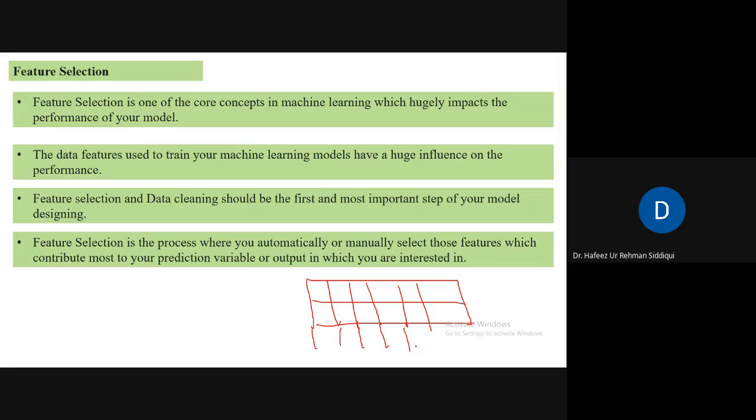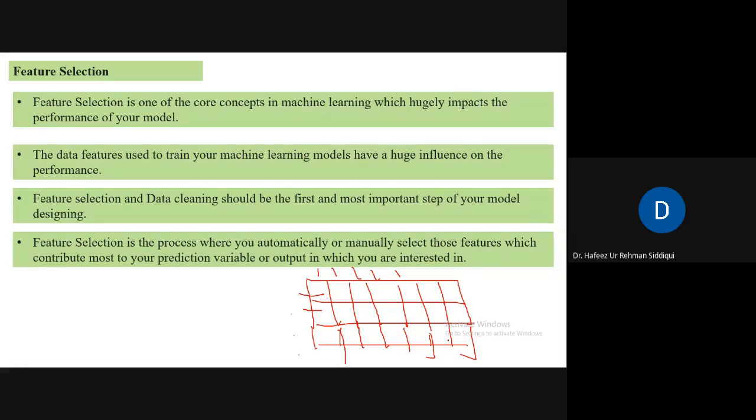Normally our data set comes like this, rows and columns. Normally the column names are our features and the rows are instances, or data points: data point 1, data point 2, data point 3, data point 4, and the columns are features.